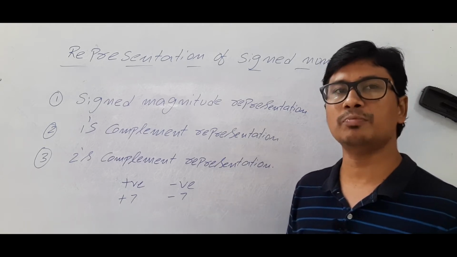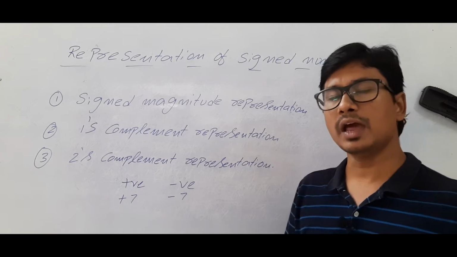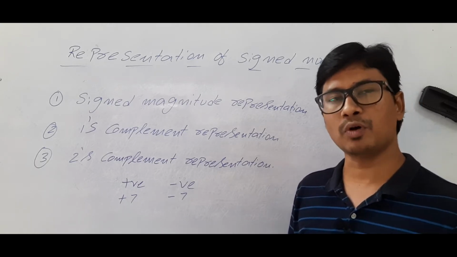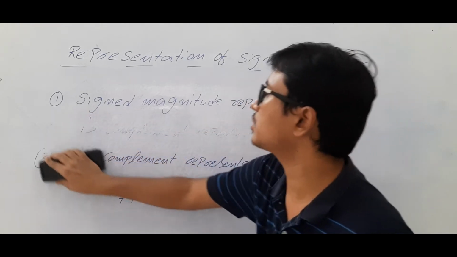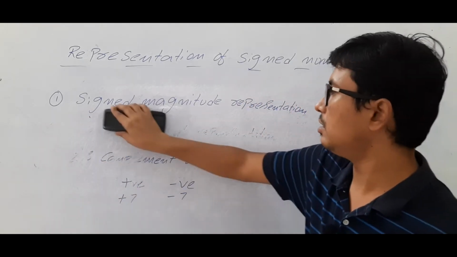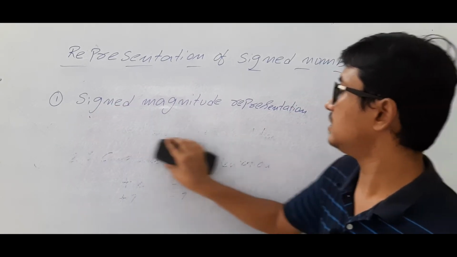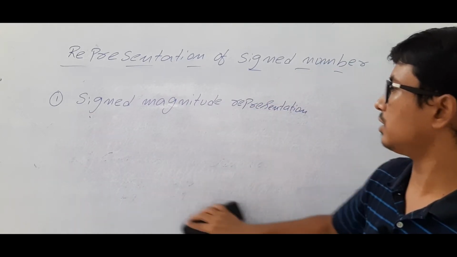Similarly, for ones complement, and using twos complement. First we will discuss how to represent a positive number and a negative number using sign magnitude representation.